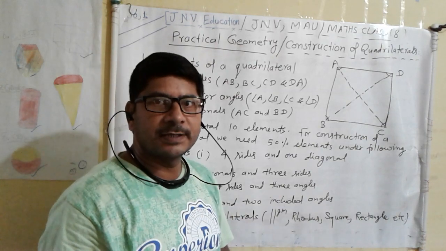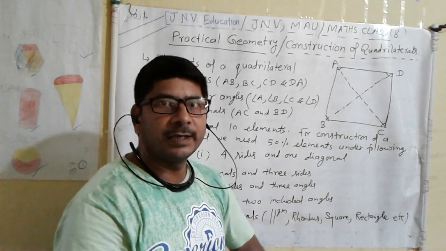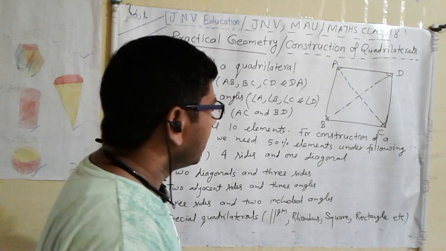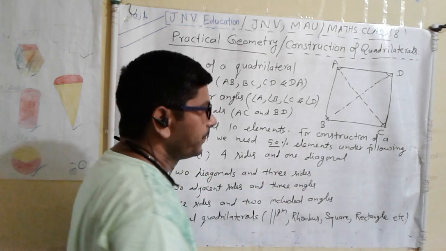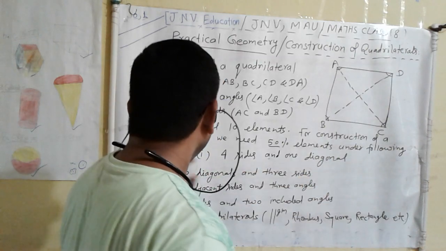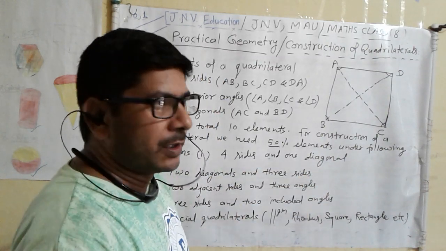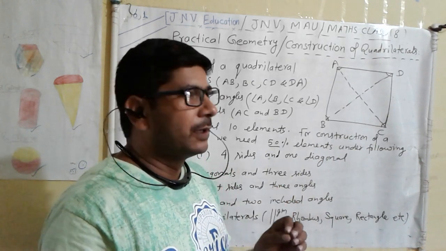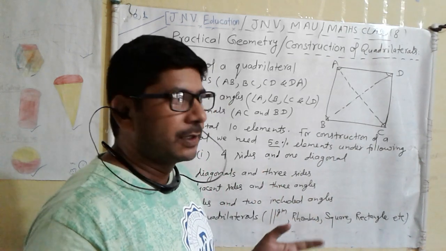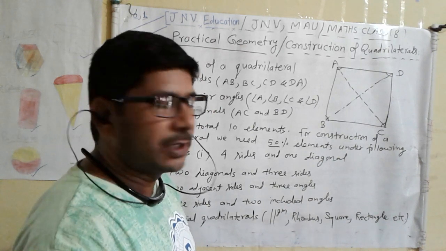For the construction of a quadrilateral, we need at a time 50% elements under the following conditions. There are some defined and specific conditions under which we have to construct the quadrilateral.